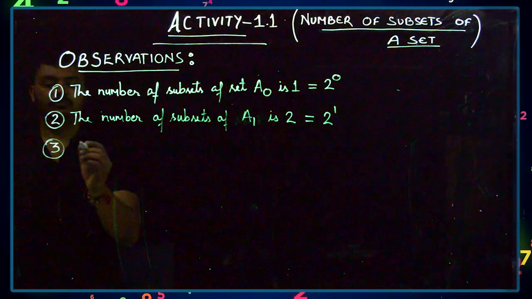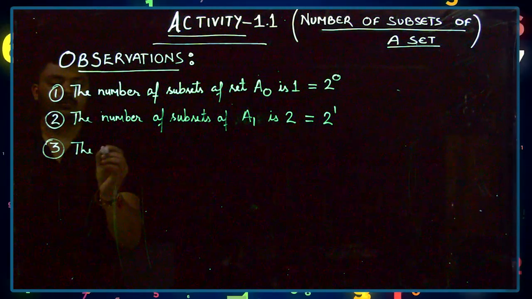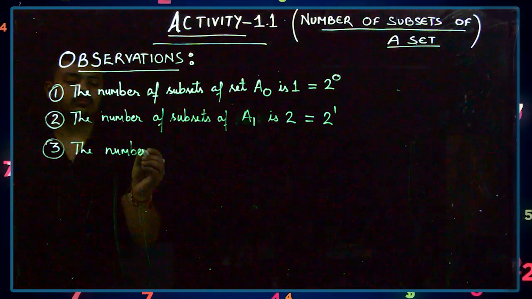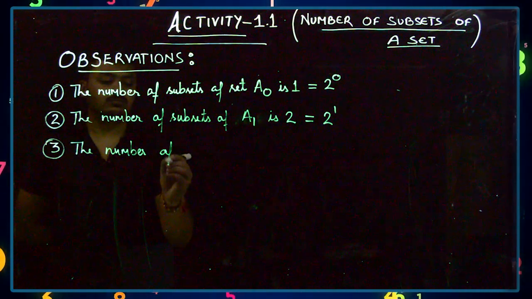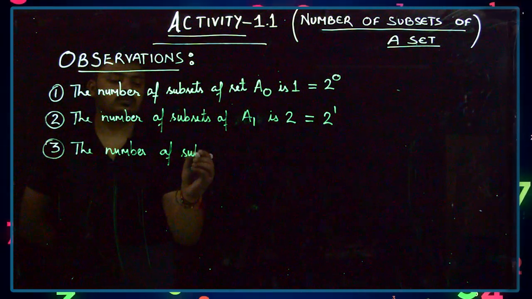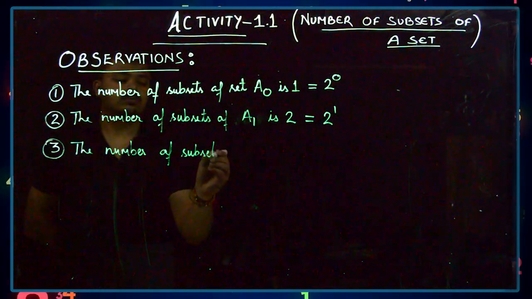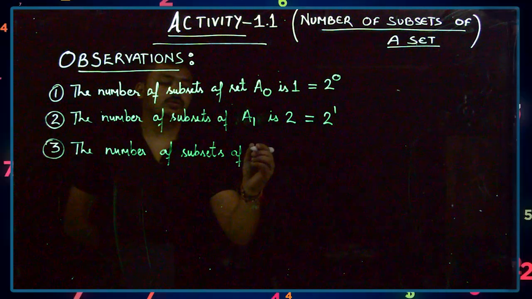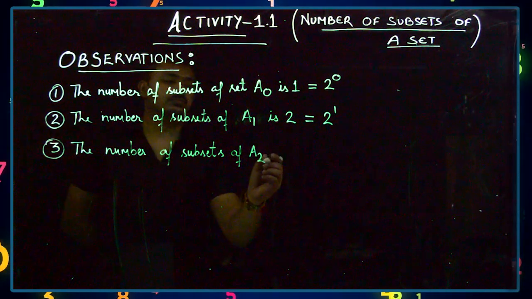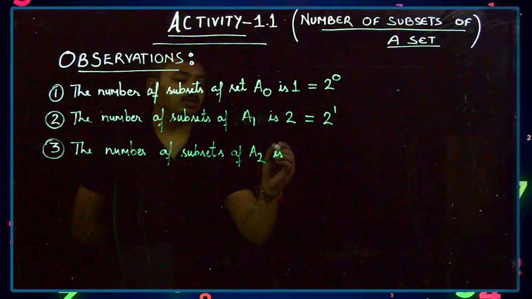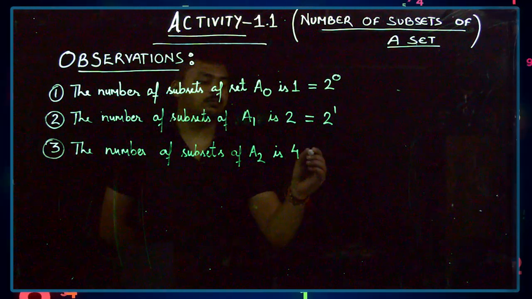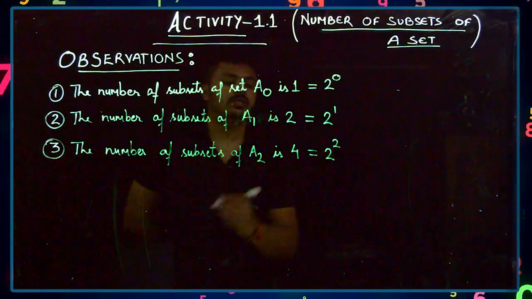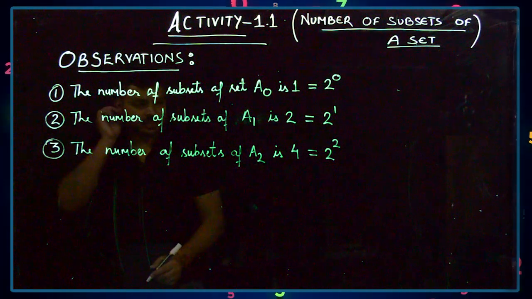Third, the number of subsets of A2 is 4, that is 2 to the power 2, where 2 is the number of elements in set A2.